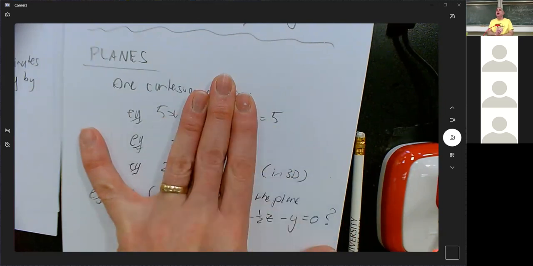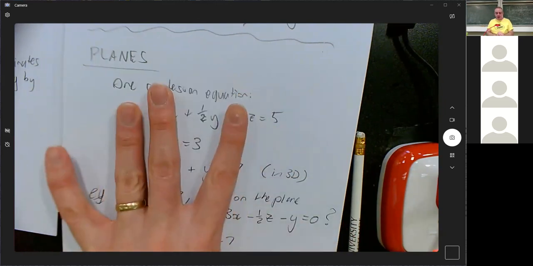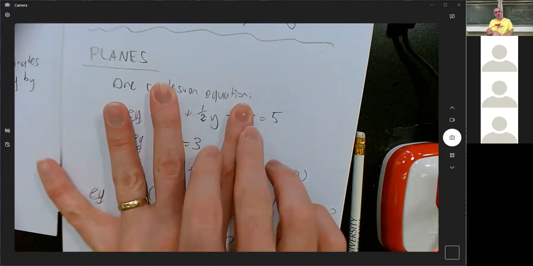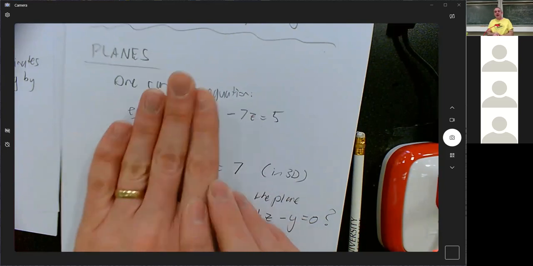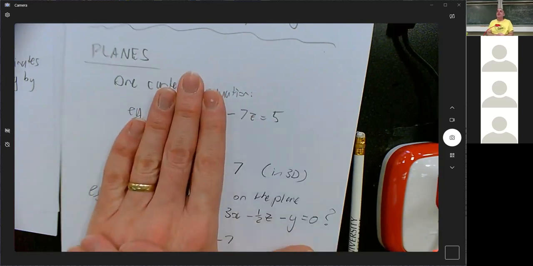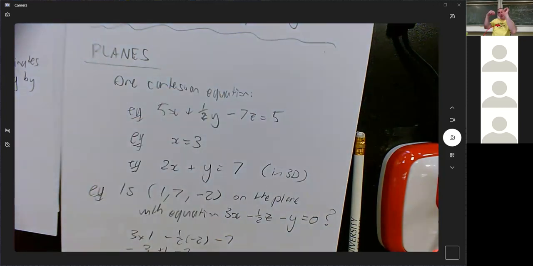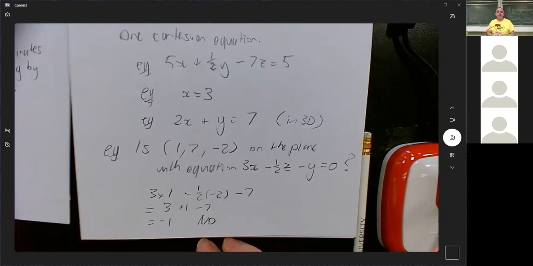And so it passes through 1 on the x-axis. And when x and z are both 0, y is 10, and that passes through 10 on the y-axis. And it passes through minus 5/7 on the z-axis. And you can find the 3 x, y, z intercepts, and 3 points is enough to tell you where a plane is.